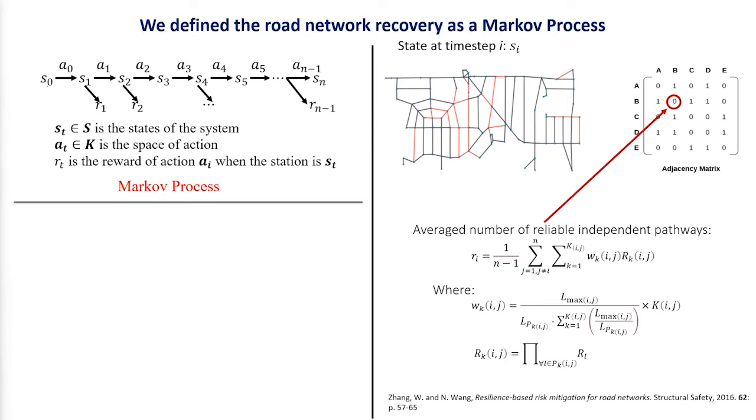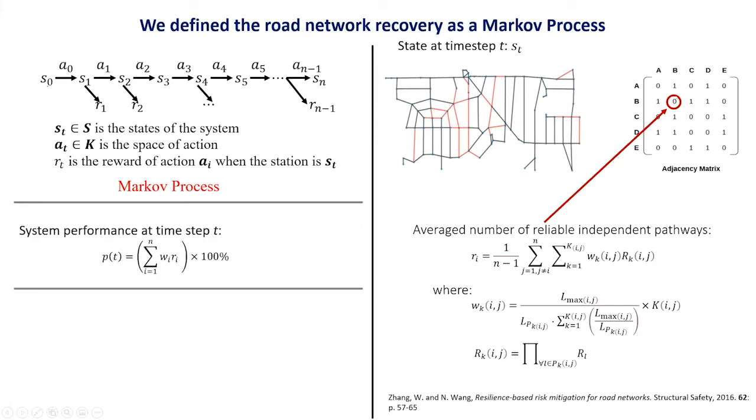If these two junctions are not connected, we use 0. But in our proposed adjacency matrix, we use the so-called average number of reliable independent pathways to represent the values of each node. Which means we are going to replace these zeros with the average number of reliable independent pathways.